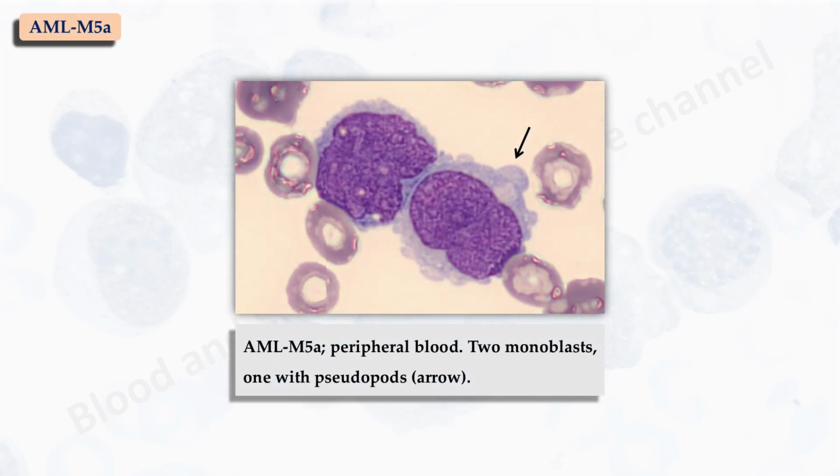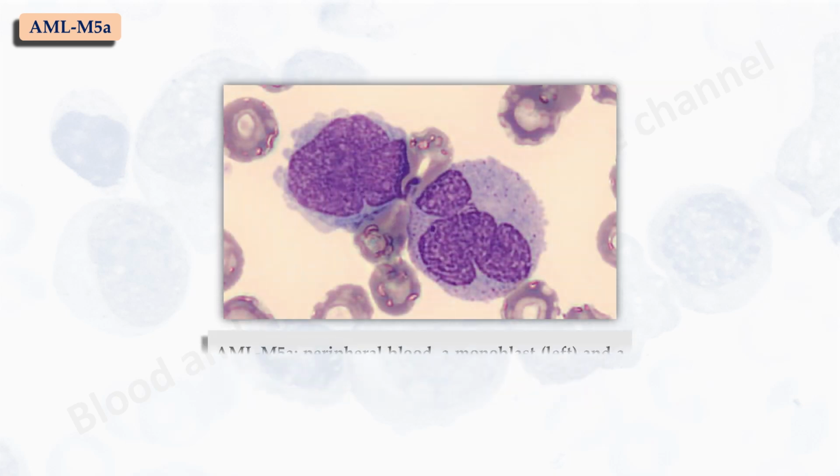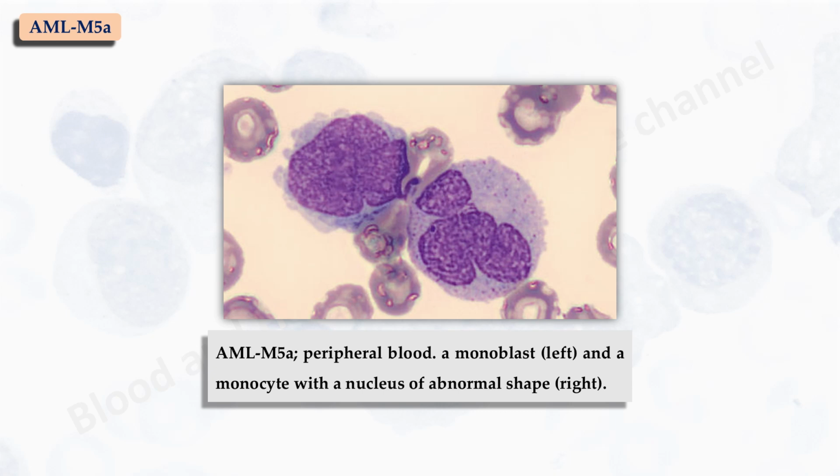Peripheral blood film of a patient with AML-M5A, showing 2 monoblasts, one with pseudopods. Peripheral blood film of a patient with AML-M5A, showing a monoblast and a monocyte with a nucleus of abnormal shape.